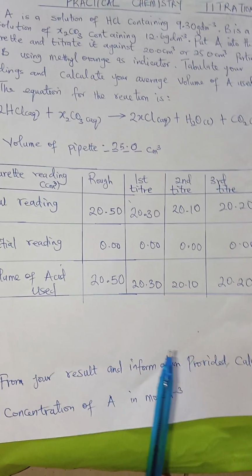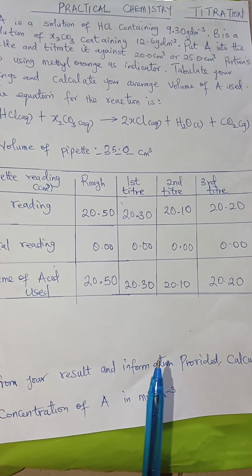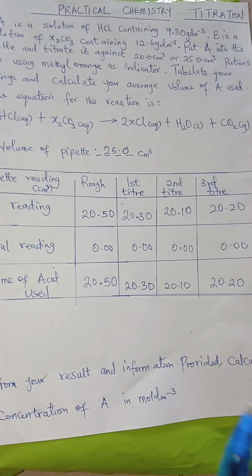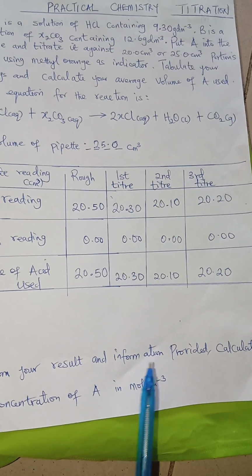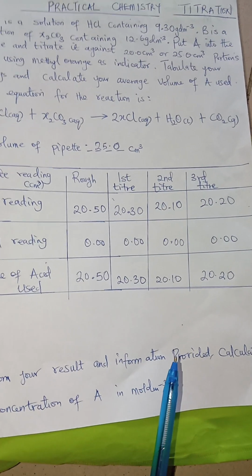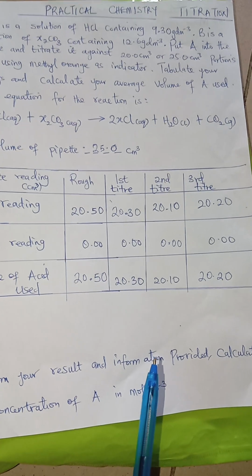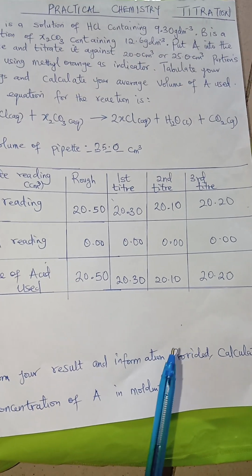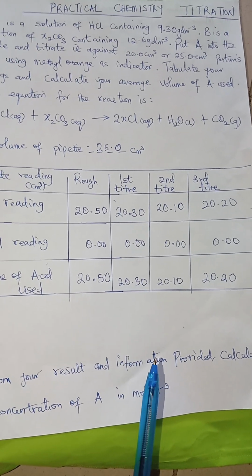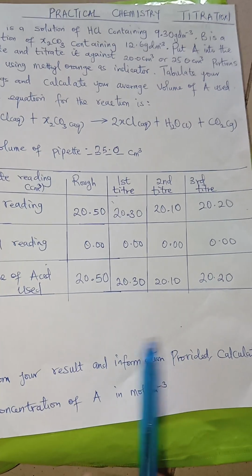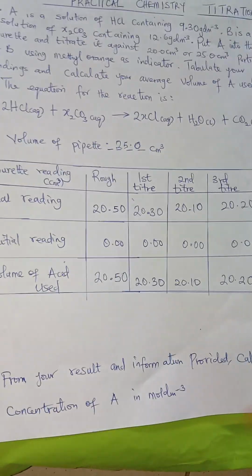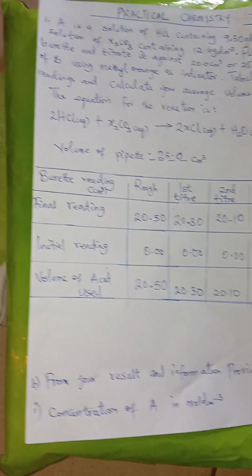If you are lucky, the difference among your values is plus or minus 0.10, you will be allocated 5 marks. If it is 0.20, I think 4 marks, 0.30, 3 marks, and so on and so forth. So you need to be guided on this.